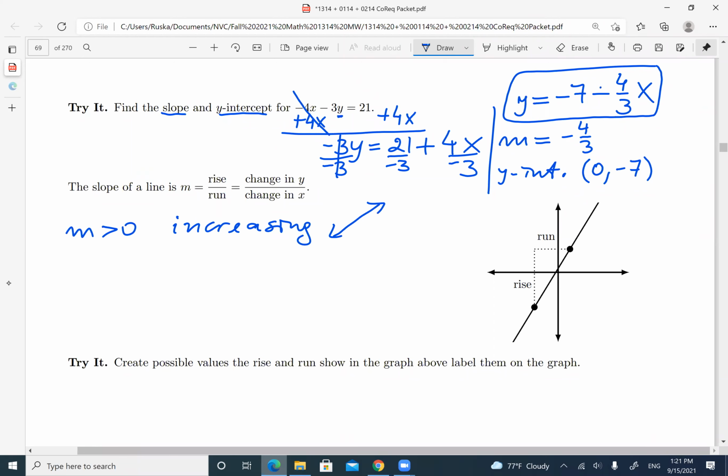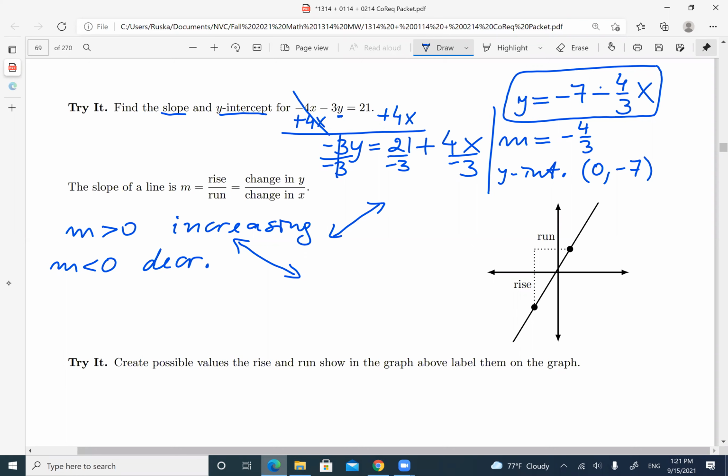Now, when the slope is a negative number, the line is decreasing. Decreasing looks like this, going down left to right. So if you have a negative slope, the line is going down. That's exactly what we have here in the last example, right? The slope is negative 4/3, so the line is going to go down as you go to the right.